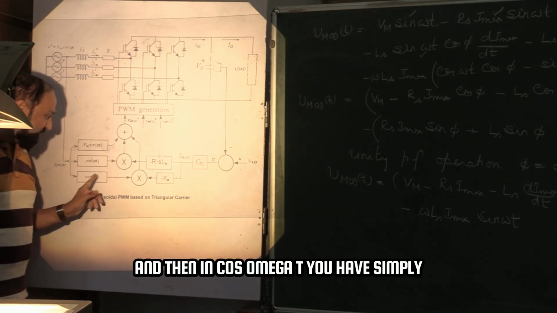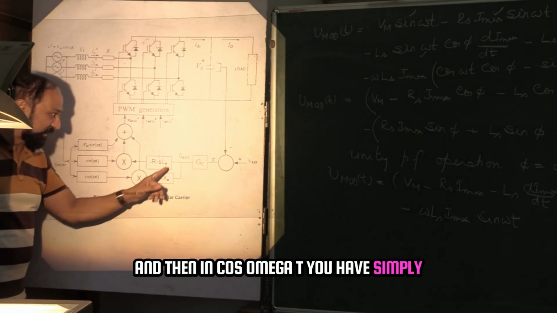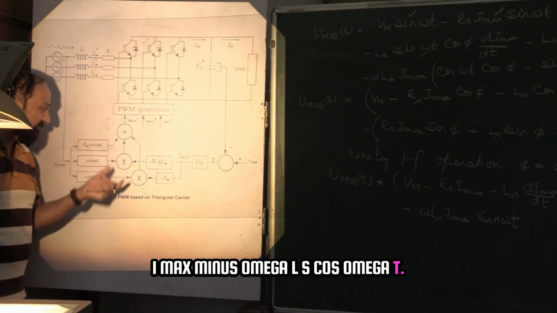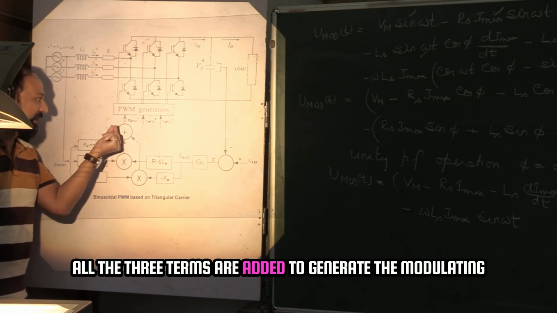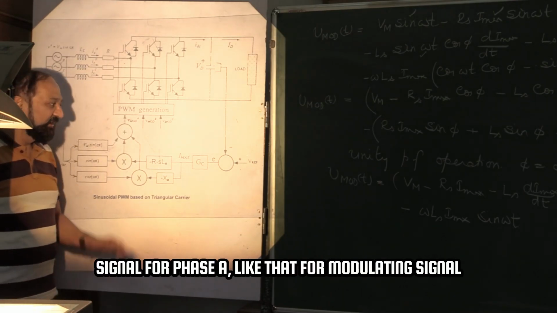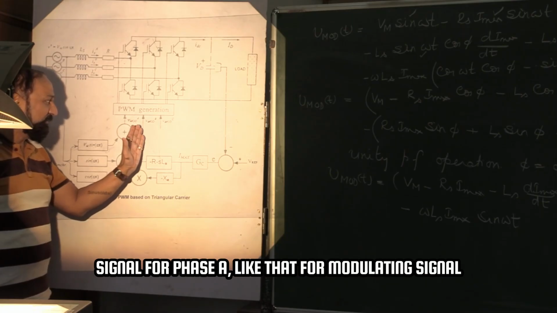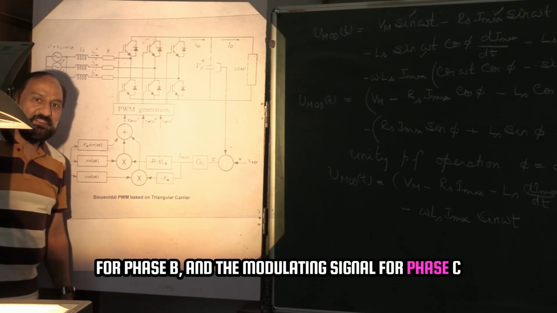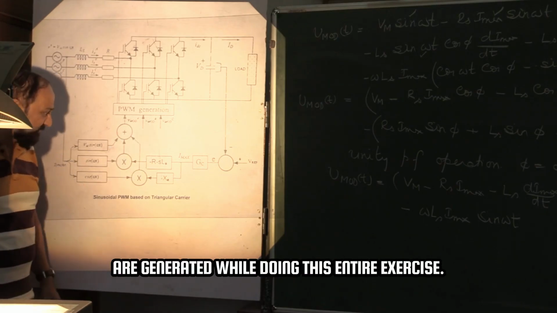And then in cos omega t you have simply I max minus omega Ls cos omega t. All the three terms are added to generate the modulating signal for phase A. Like that, the modulating signals for phase B and phase C are generated.